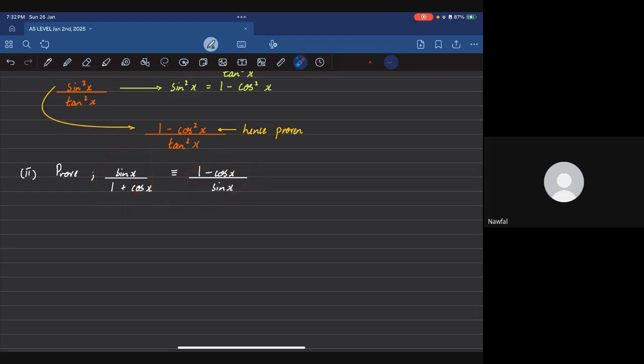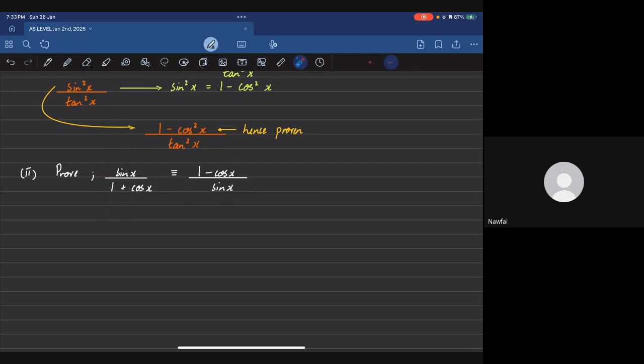And how can I convert it? What I'm thinking is that if I take this side, maybe add 1 minus cos x or something of that sort, I could get cos square x. So in my mind, sine x in the numerator is much easier for me to understand. All right, that is what my thinking process is.